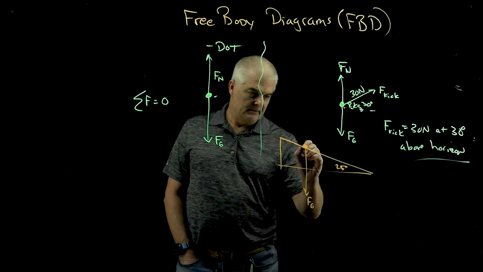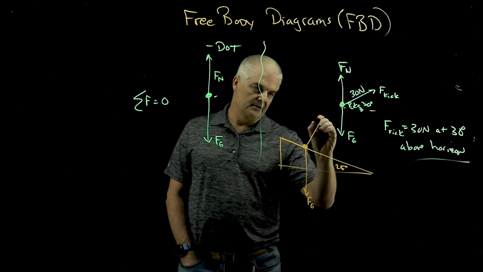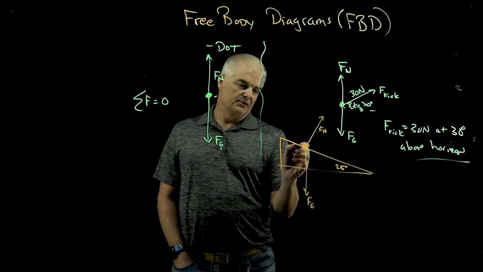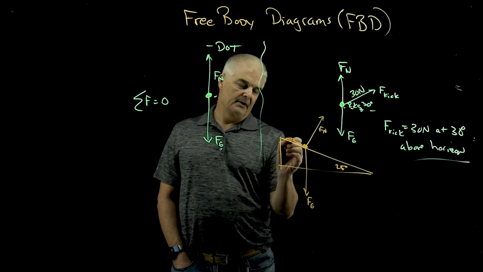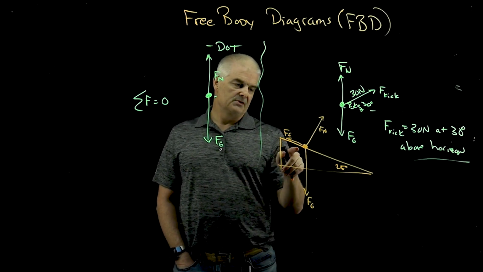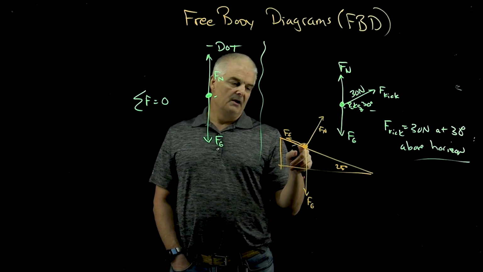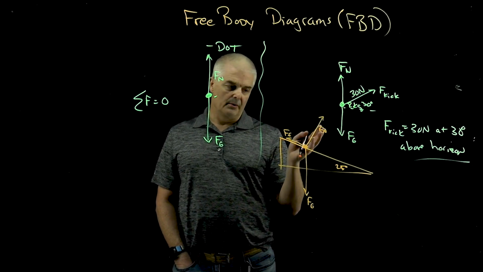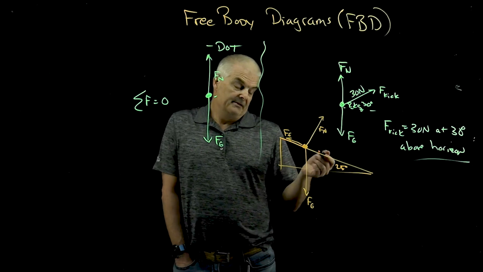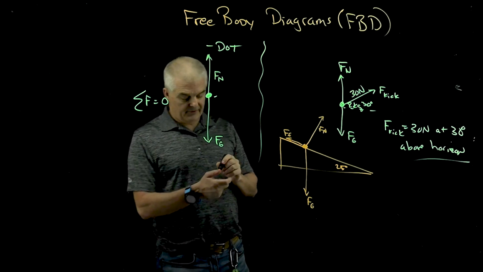Remember we talked about the normal force being perpendicular to the surface. So this is the normal force, but you've also got another force along the ramp, the force of friction. So these are the three forces that you would have on a box or a car or whatever on some kind of a ramp, and this is the free body diagram.